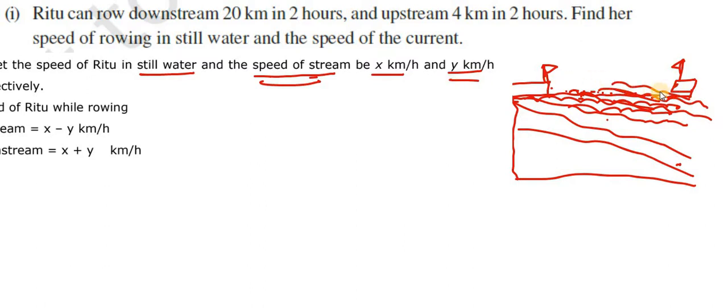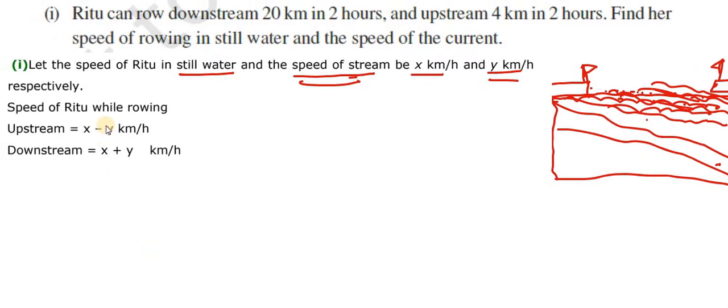So, coming from down to up, we have only the rowing energy and no energy of the stream, therefore the speed is x minus y kilometer per hour.